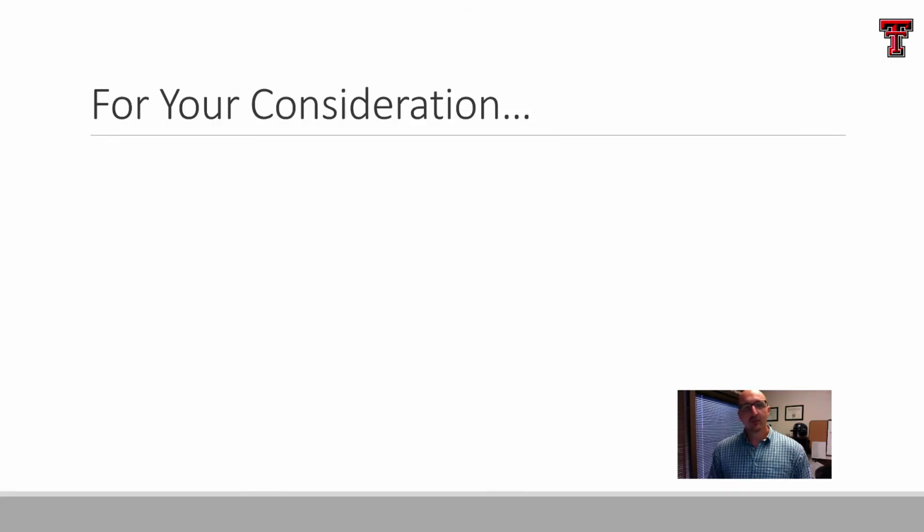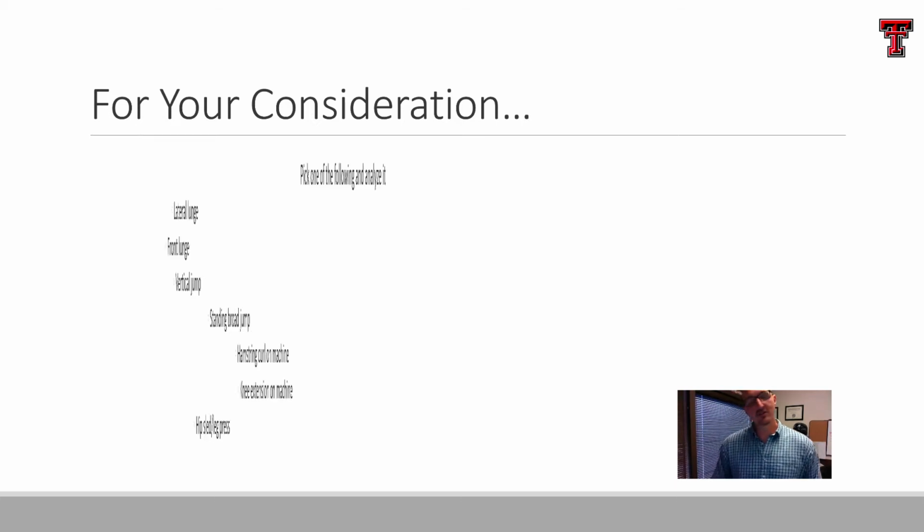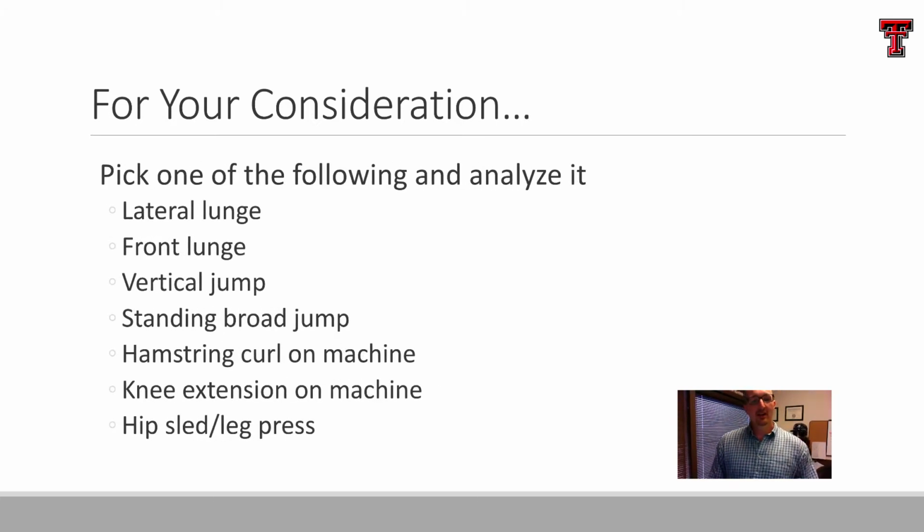Okay, so what I'd like you to do, this is on the honor system, not going to grade you on this, is pick one of these following exercises and analyze it. Look at the segments step by step, then divide it into its component phases, piece by piece, and then for each of those phases, divide those into eccentric and concentric contributions to musculature.